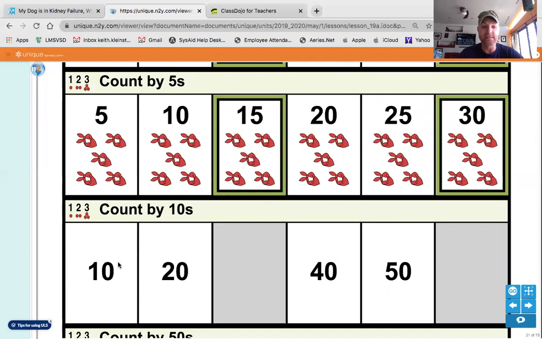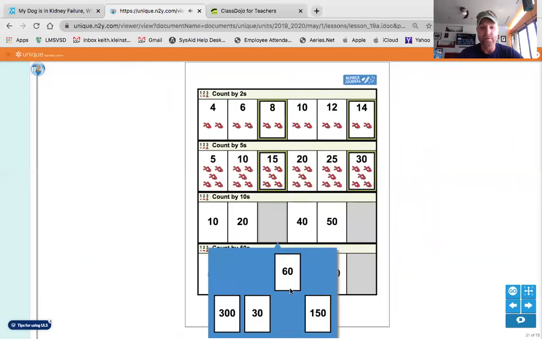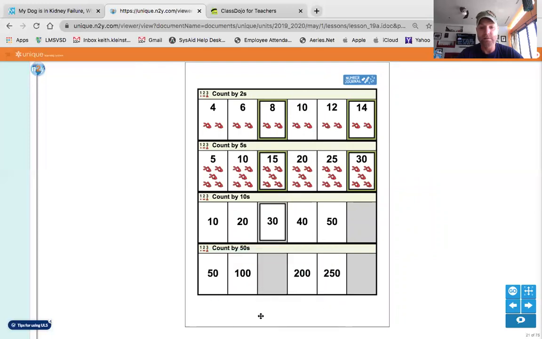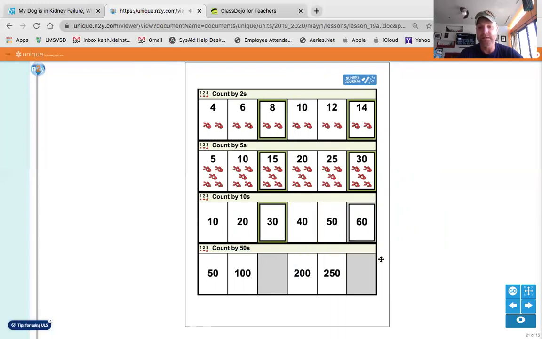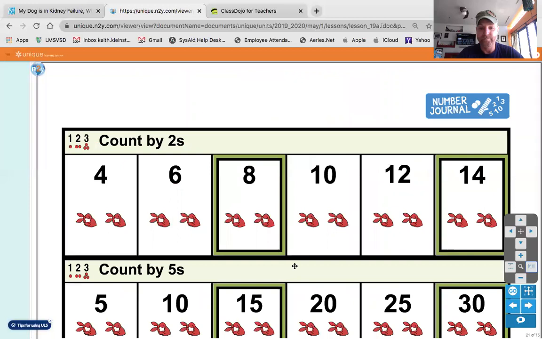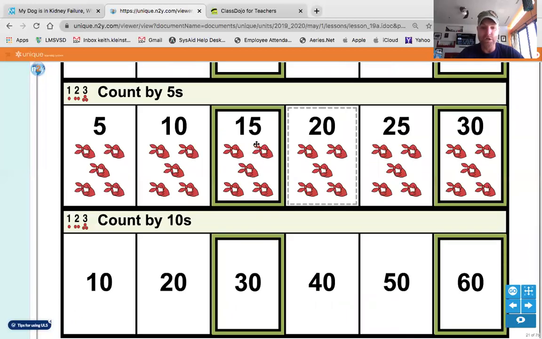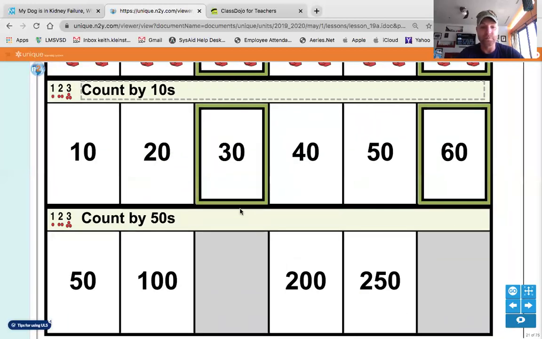Okay, count by 10s. 10, 20, 30, 40, 50, 60. I like it when it's bigger, more visual supports.